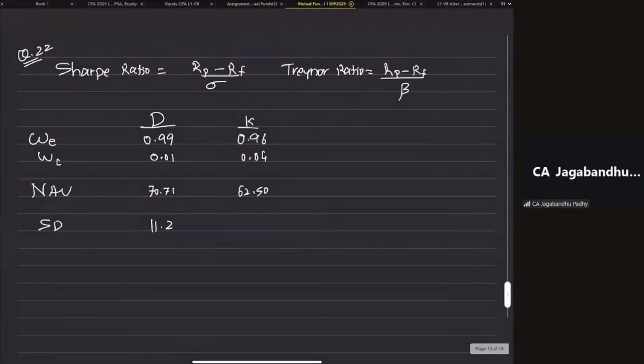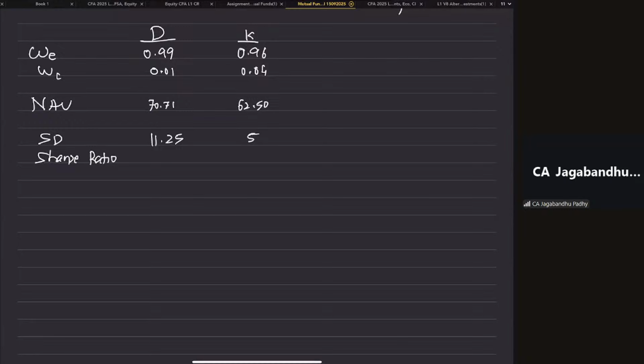And the Sharpe ratio for D and K is 2 and 3.3. Now we know that Sharpe ratio is essentially arrived at. How is this Sharpe ratio arrived at, guys?